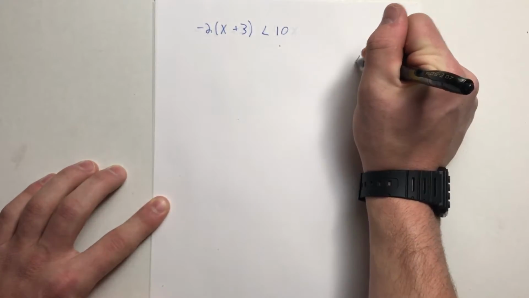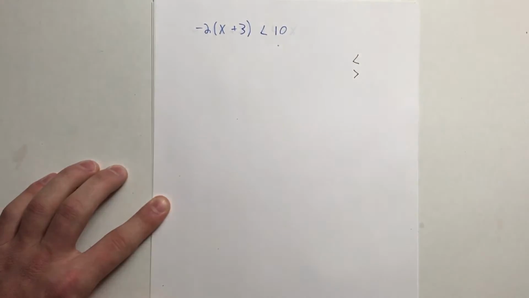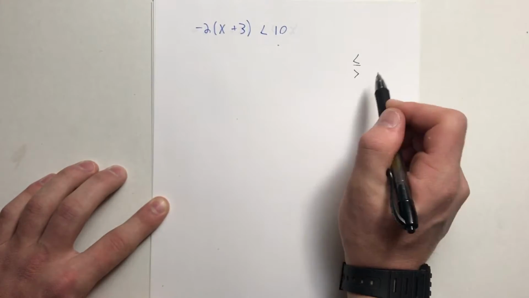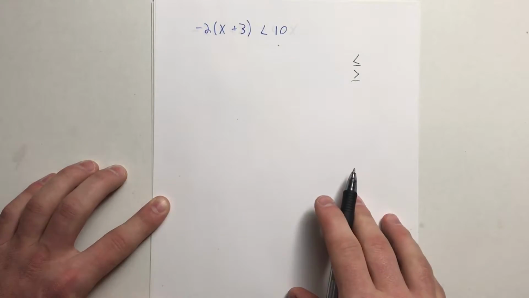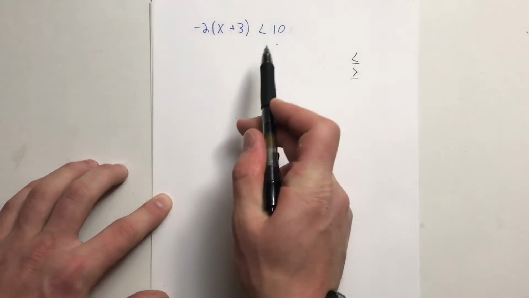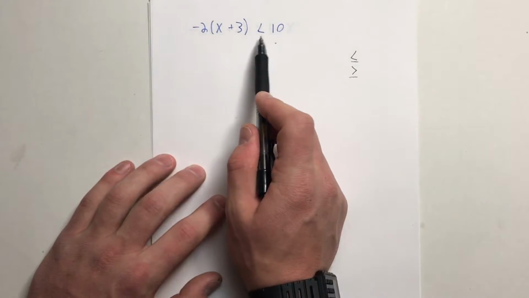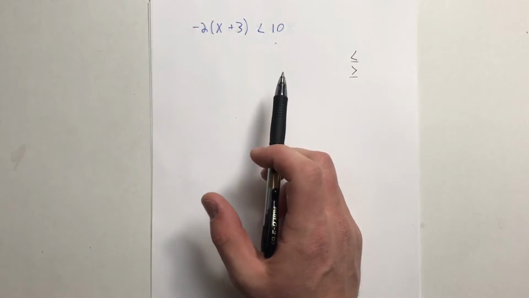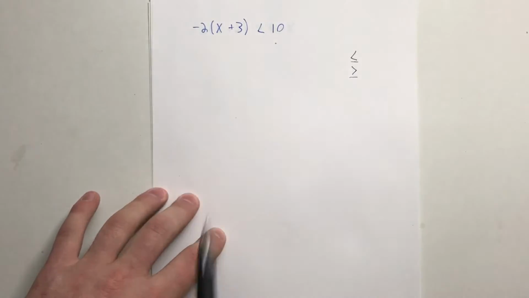And the same thing goes if we include our equals, we'll include our equals when we flip our sign. So I'm doing algebra, I'm doing everything the exact same as if this were an equal sign. There's just one extra thing that I need to keep track of in the back of my mind, and that is the flipping of the sign.